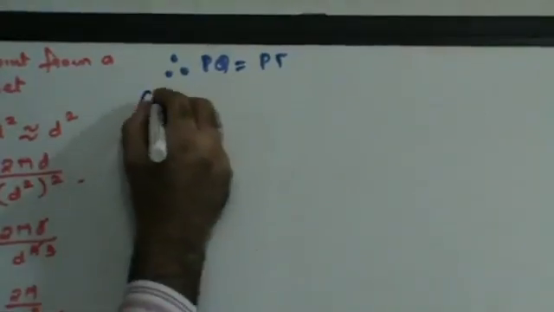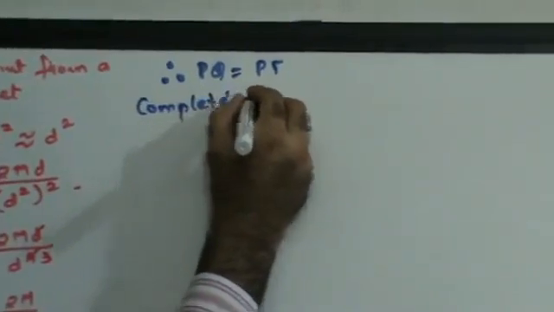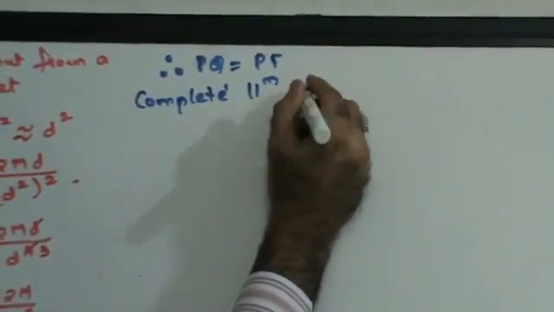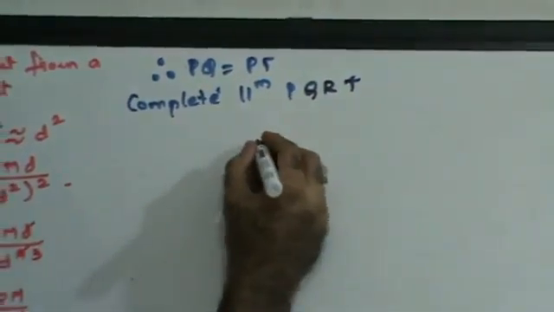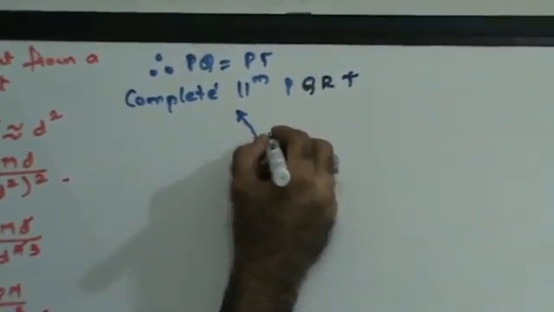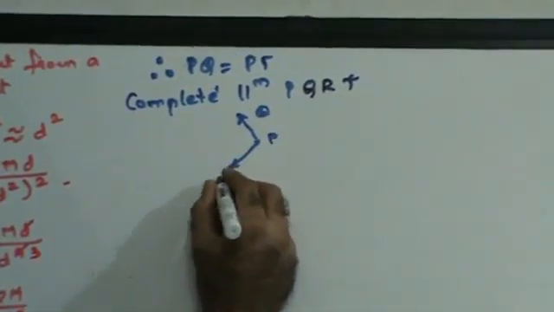Therefore, I can say that PQ will be equal to PT. If B1 is equal to B2, then the magnetic induction due to the two poles is going to be equal. Now if I complete the parallelogram PQRT, so this was my point P, this was PQ, directed outwards, and PT was directed here.